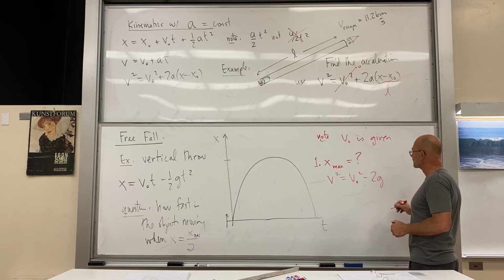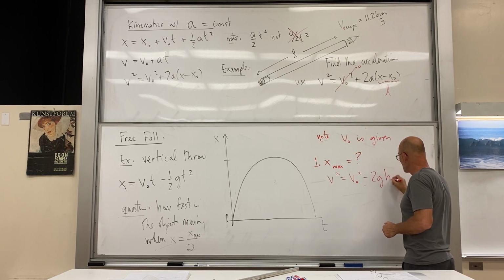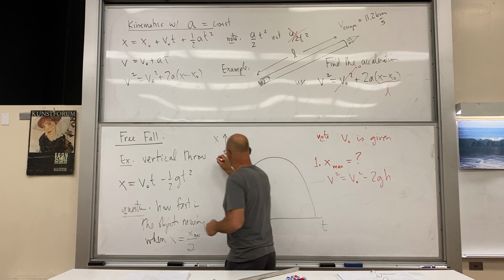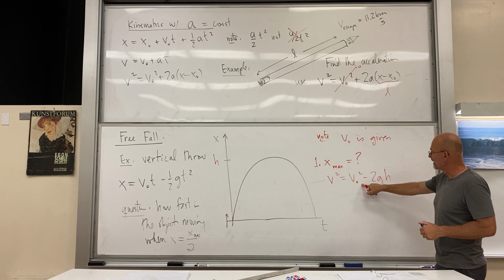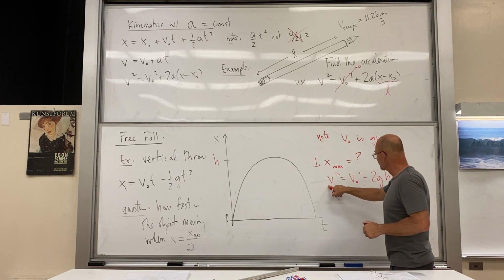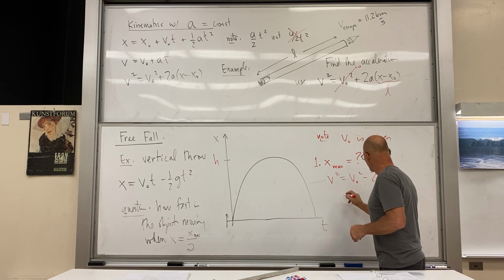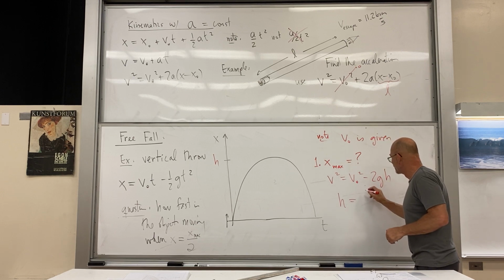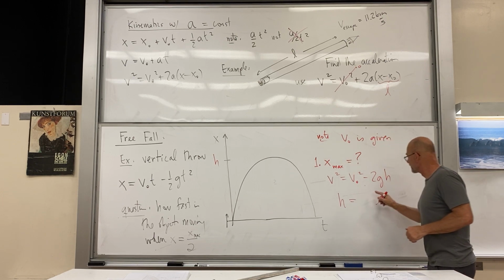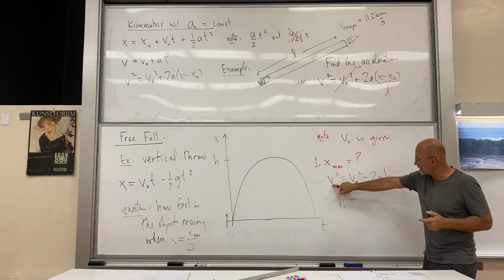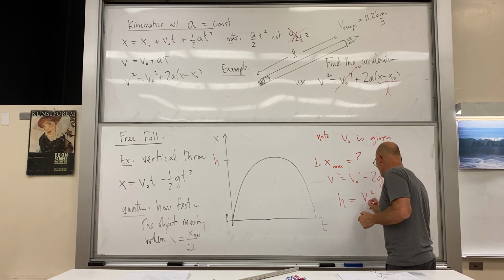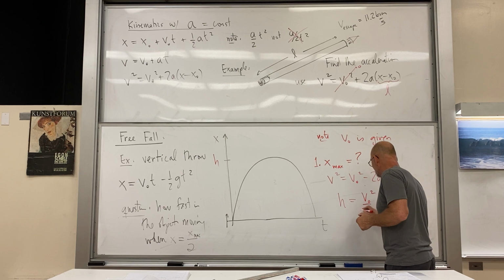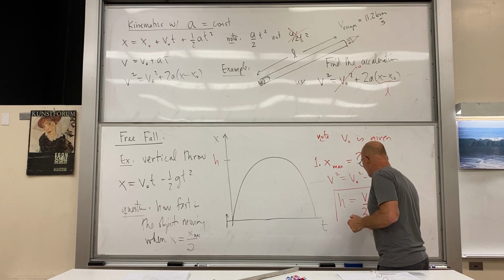Should I call it x max or h? H. Okay. Maximum height is equal to h. Okay. So it comes to a stop there. So we have h is equal to, okay, now solving for h, where v went to 0, is equal to v0 squared over 2g. So that's the first part of the problem.